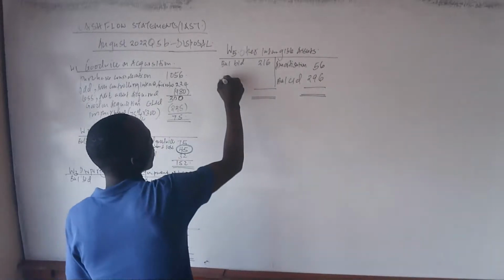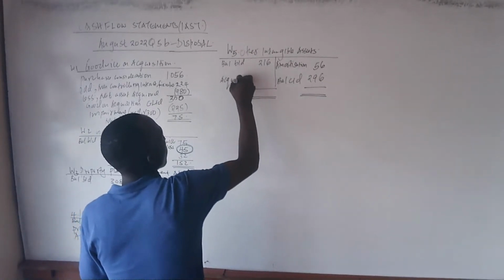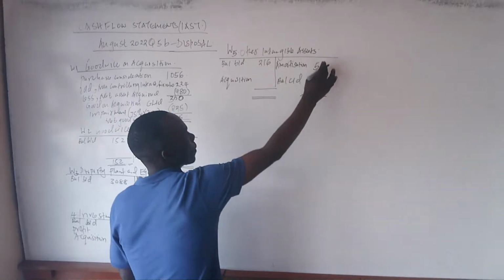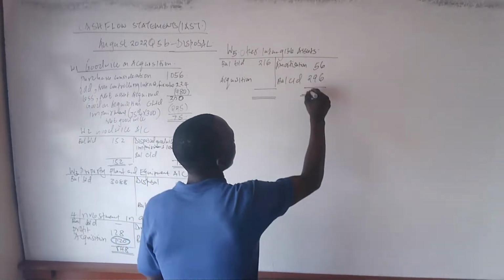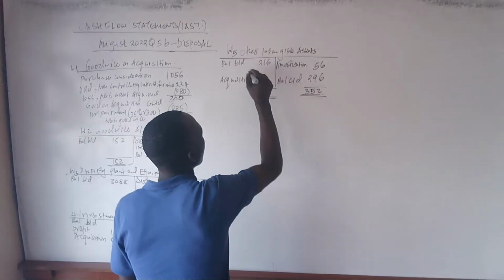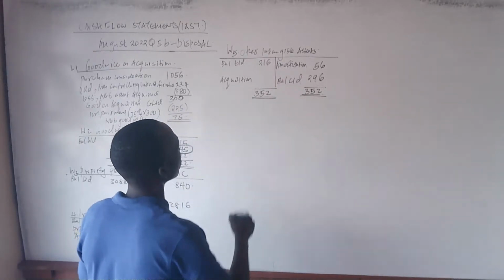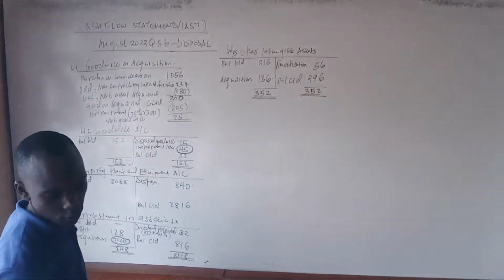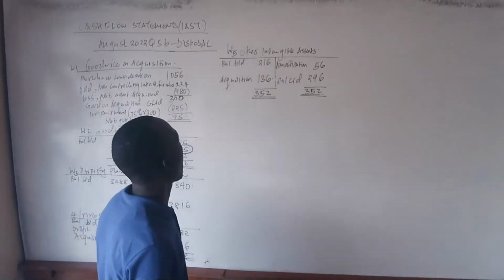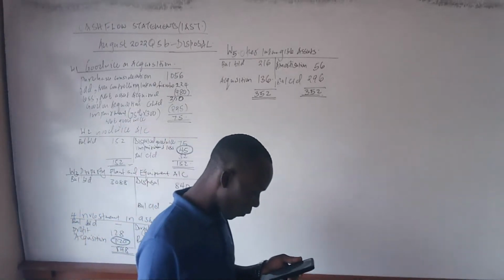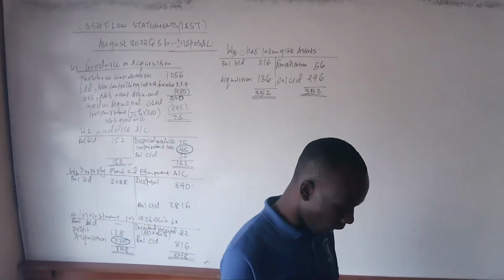Yes. So give me the acquisition. Get the total first. 296 plus 56 is 352. Therefore, acquisition will be 136. So that is our working number 5.